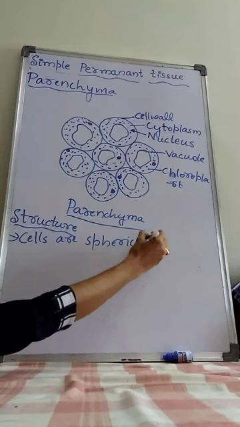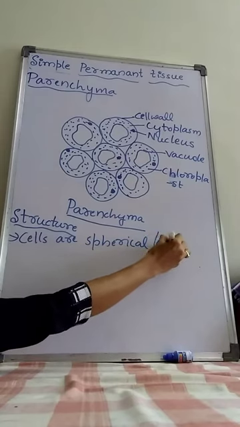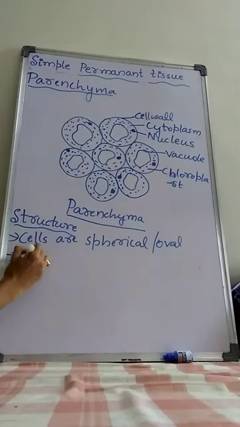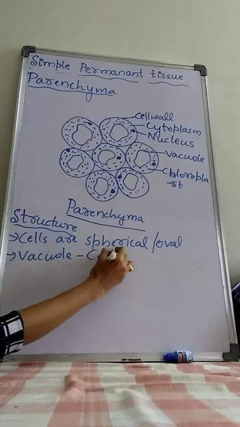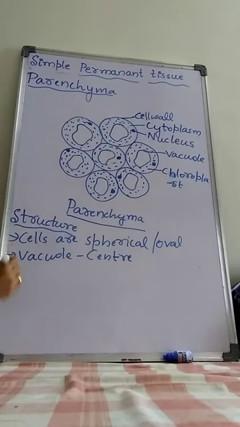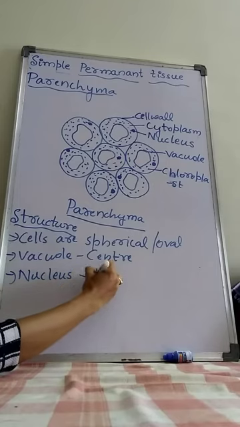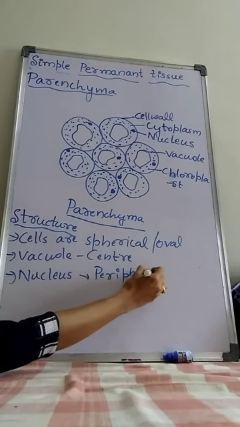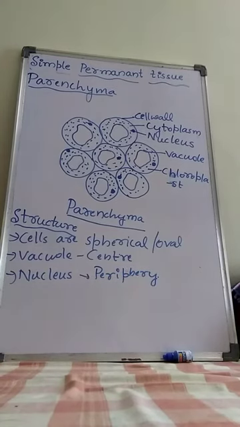A vacuole is present at the center, and the nucleus is present in the cytoplasm at the periphery.